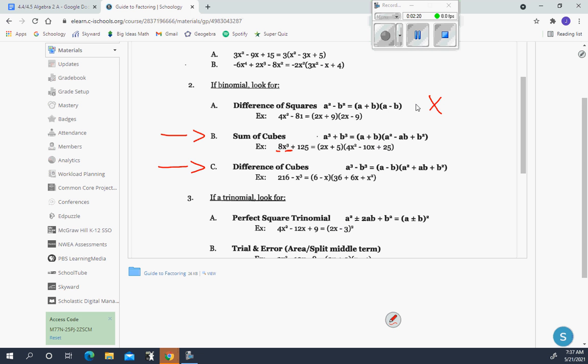X times x times x, multiplied 3 times. 8 is also a cube number: 2 times 2 is 4, times 2 is 8. So 8 is a perfect cube, and its cube root is 2. 125 is a cube too. It's 5 times 5 times 5: 25 times 5 is 125.